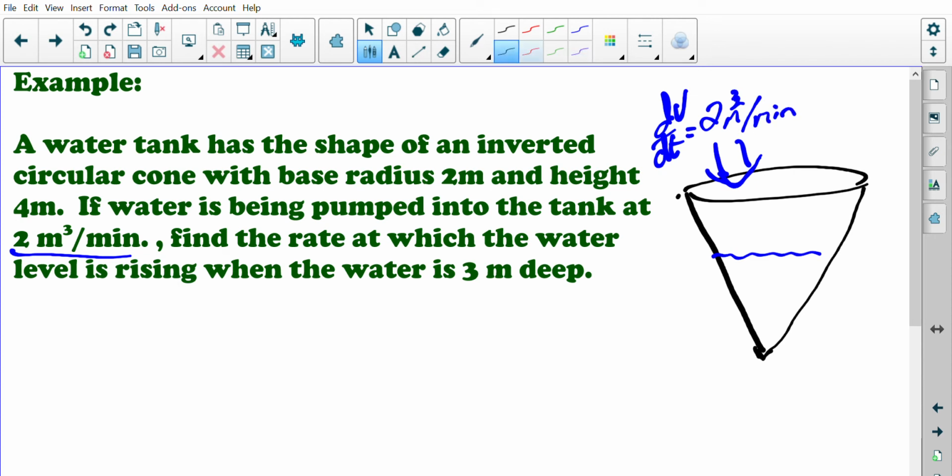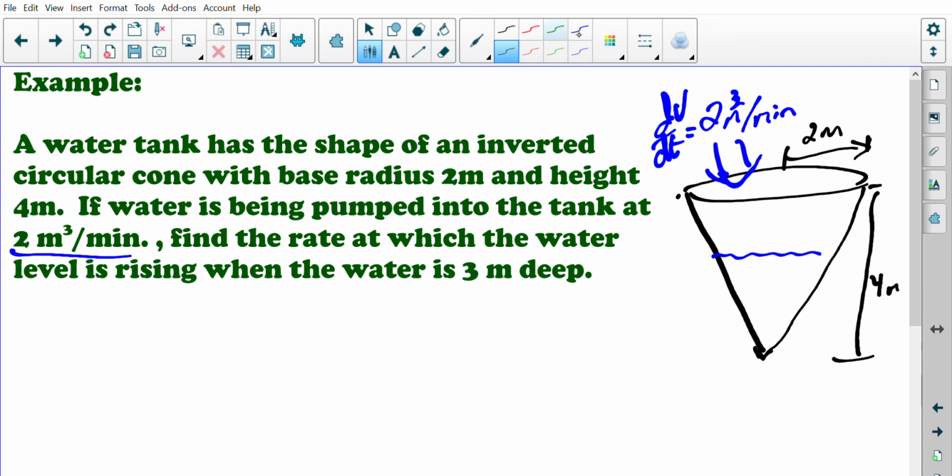Now the actual water tank has a radius, so this is fixed, this doesn't change, the tank has a radius of 2 meters, and the height of this container is 4 meters.